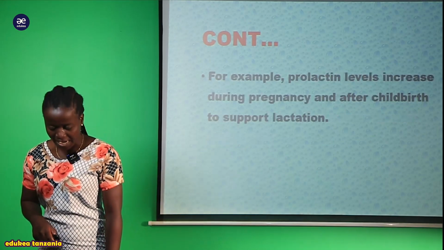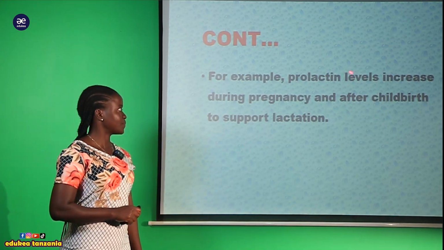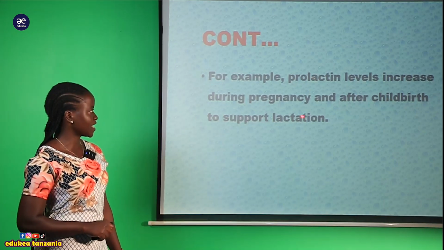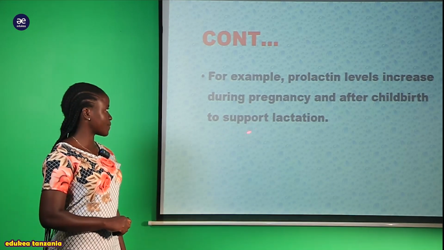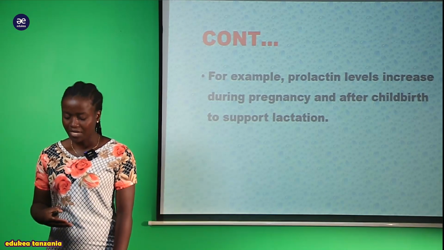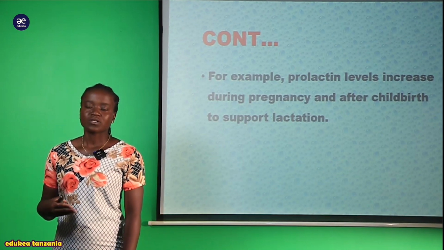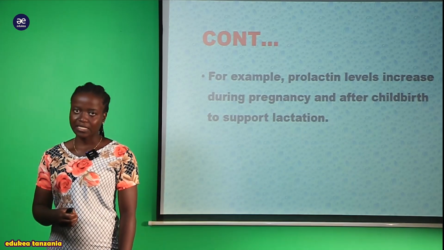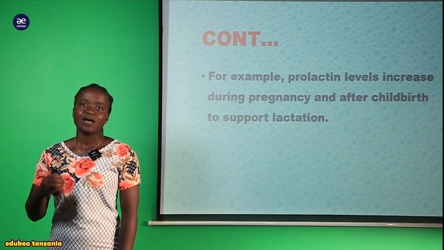A good example here now, we can say that the prolactin levels increase during pregnancy and after childbirth to support lactation. So ile prolactin hormone inakuwa inazalishwa sana kwenye huo muda, kwa sababu pale ambapo mtoto tu anatakiwa kuzaliwa, anatakiwa kupata maziwa.